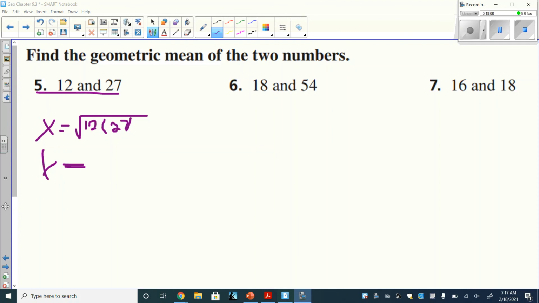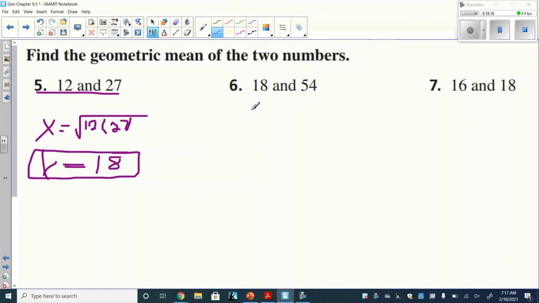And if we type the square root of 12 times 27 into the calculator, we would get 18. So it's not going to always work out that we have radical answers. We can get whole number answers, like this one here. We ended up getting 18. And that's all we have to do for this here.